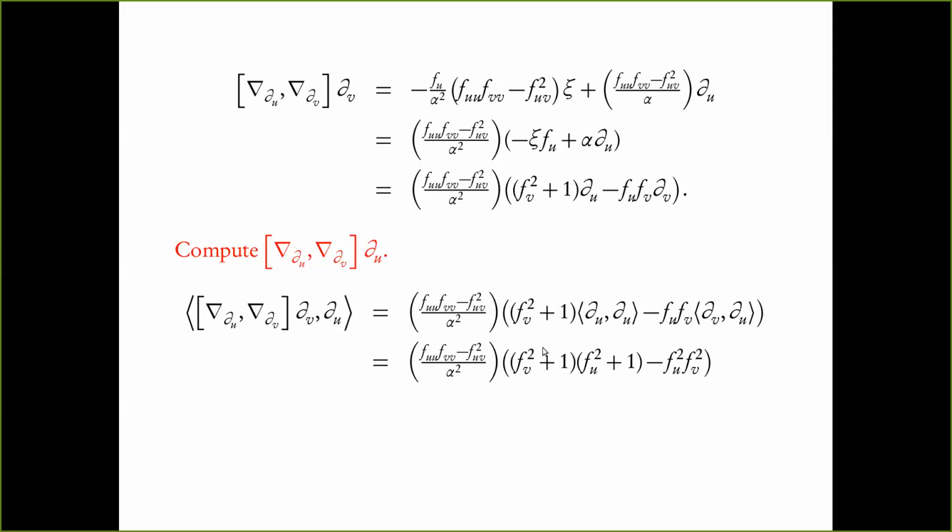If you simplify, this quantity is going to be 1 plus f_u squared plus f_v squared, right? Good. So this is the same thing that we have seen appear over and over again. This is basically alpha. So actually this simplifies. This becomes the determinant of the Hessian divided by alpha. Okay. So far so good.